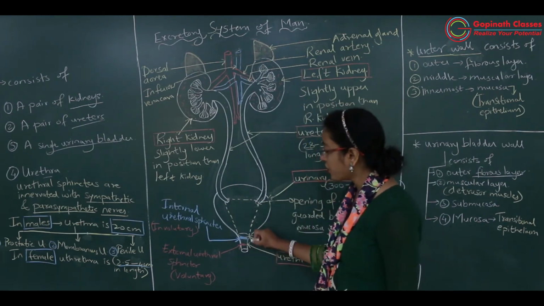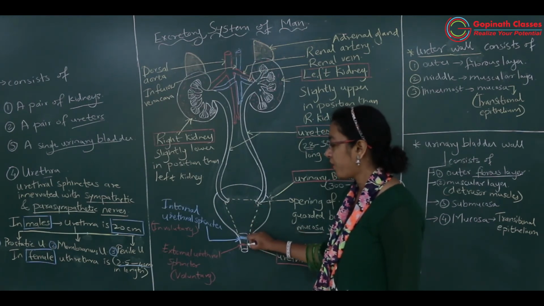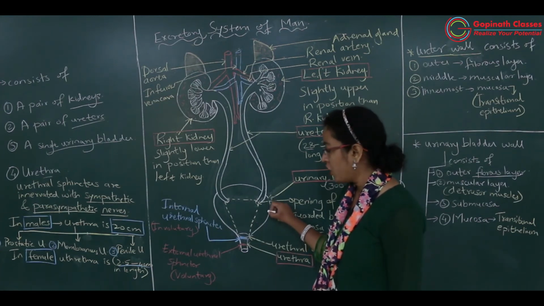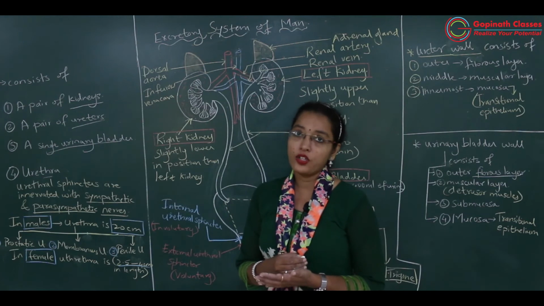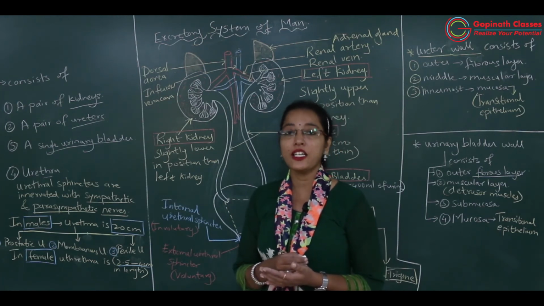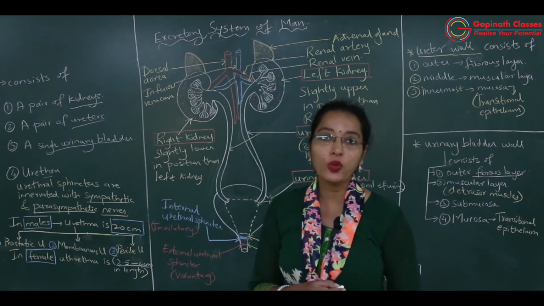So the urethra is the small tubular structure located after the urinary bladder. Urine is temporarily stored in the urinary bladder, and whenever there is micturition, micturition means what? Act of urination.